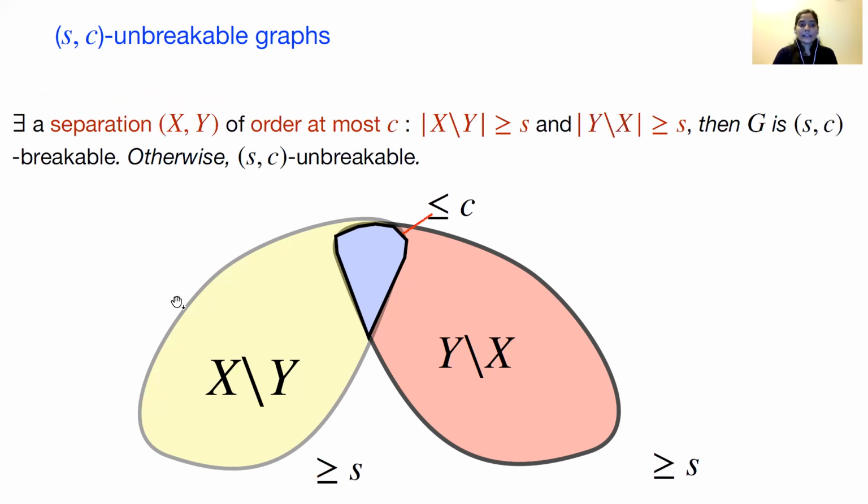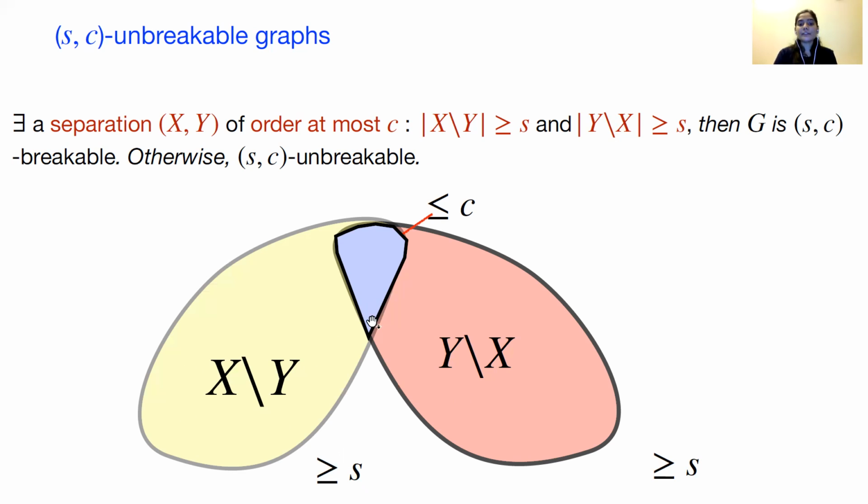And if there exists a separation XY of order at most C, so here order means the size of the intersection, so if there exist vertex sets X and Y such that the intersection of X and Y is at most C, and again there is no edge from X minus Y to Y minus X, and each of X minus Y and Y minus X is of size at least S, then we say that the graph is SC breakable.